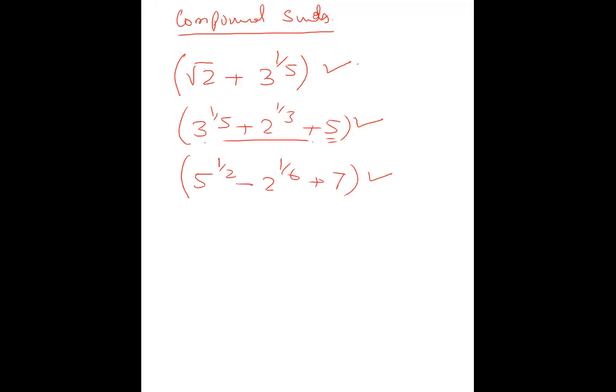An expression consists of the sum or difference of two or more simple surds, or the sum or the difference of a rational and a surd is called compound surds.